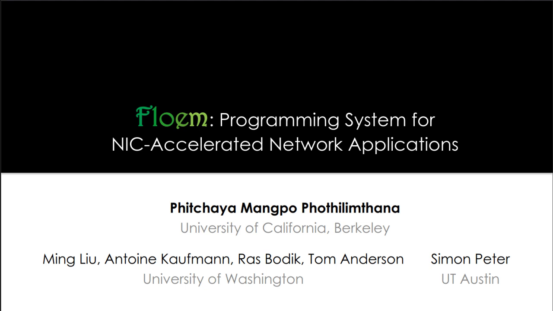So if we want to achieve this, we also need the NIC to steer the packet to the right CPU core, whether it's the first core, second core, third core, and so on. Now, people have shown that this technique can significantly increase the throughput.